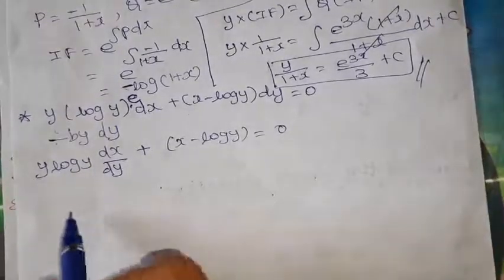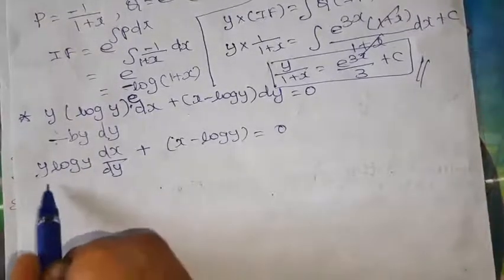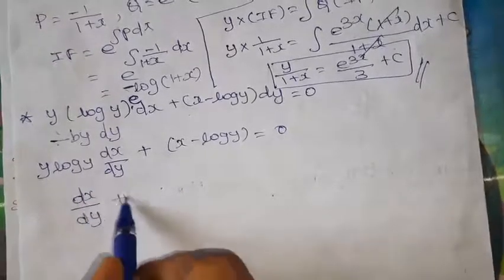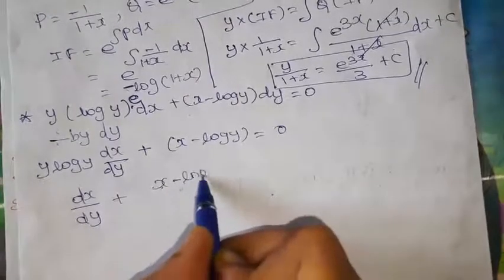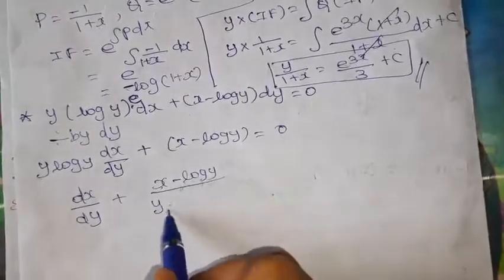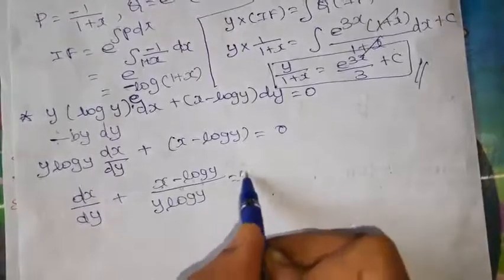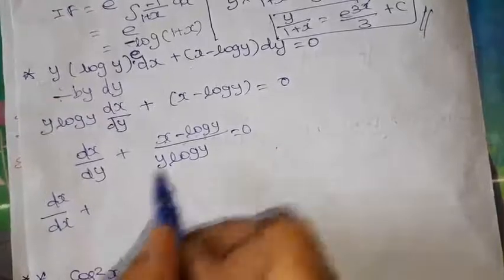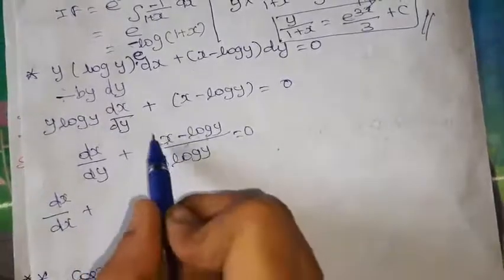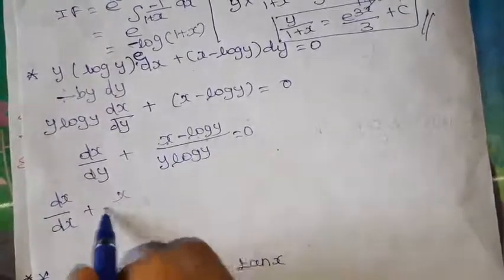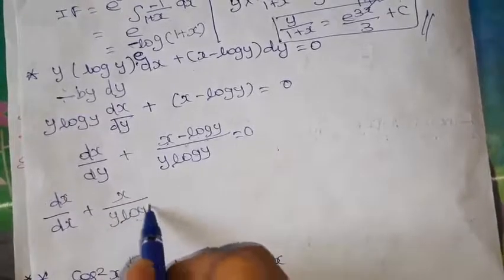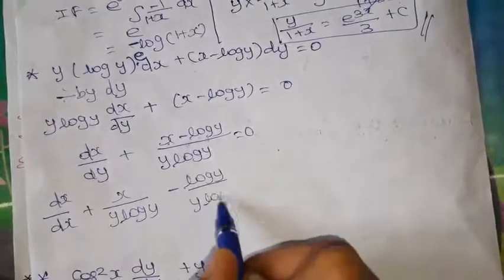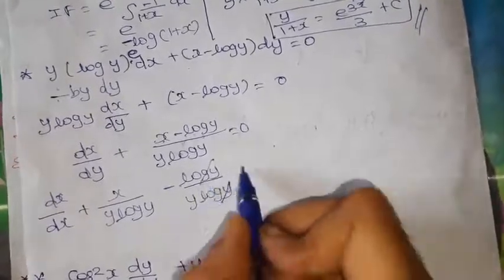Then divide by this term y log y. What we will get? dx/dy plus (x minus log y) divided by y log y equal to 0. Then by simplifying, dx/dy plus x by y log y minus log y divided by y log y, so this and this get cancelled, equal to 0.